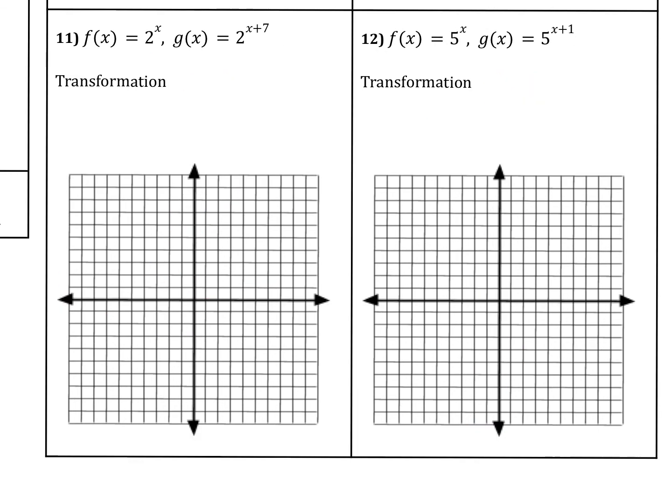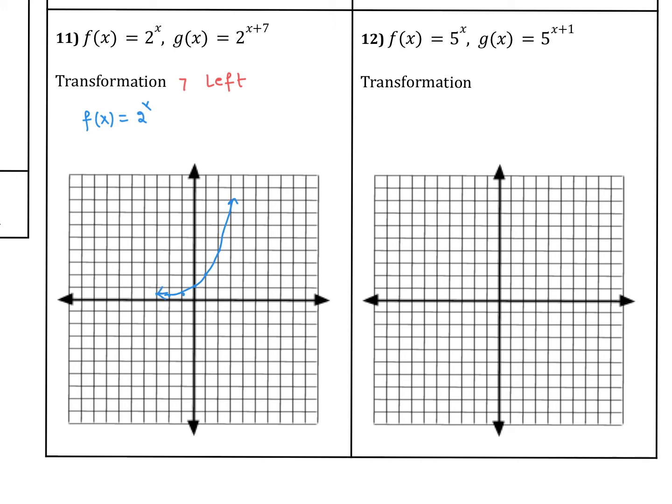For number 11, the transformation of this function is 7 unit left. In the parent function f(x) equals 2 to the power x, I copy it down from the example 1, and that is going to be this graph, 2 to the power x.